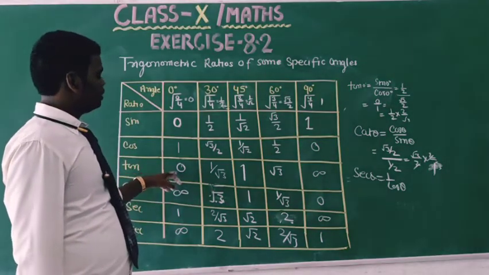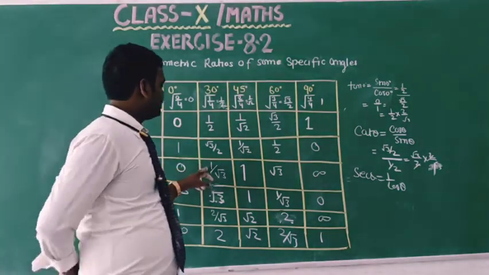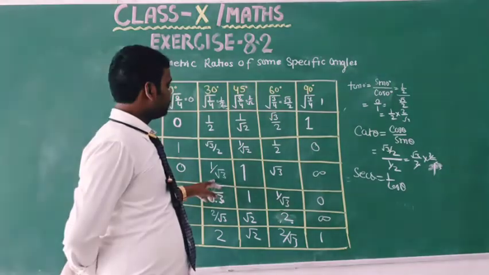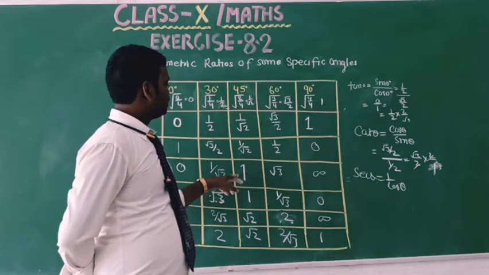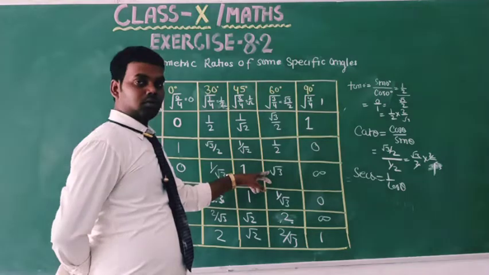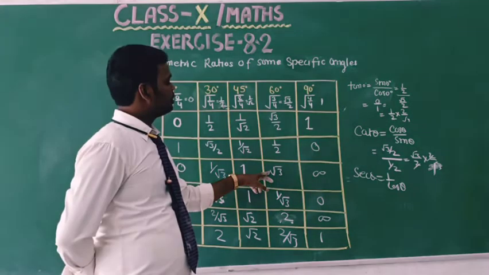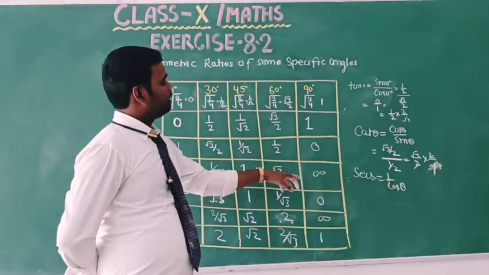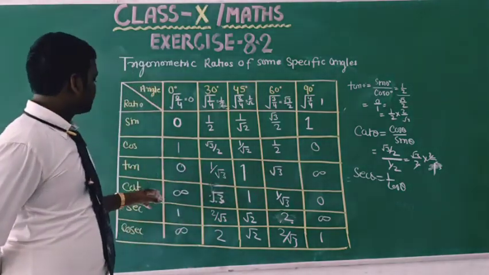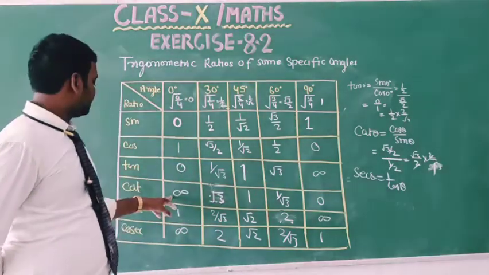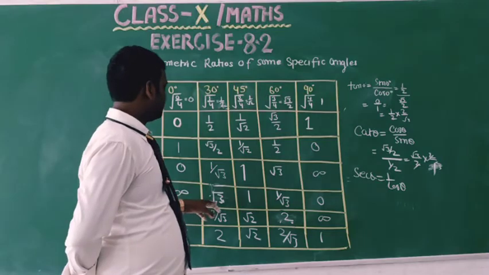Tan 0 is 0, tan 30 is 1 upon root 3, tan 45 is 1, tan 60 is root 3, and tan 90 is infinite.